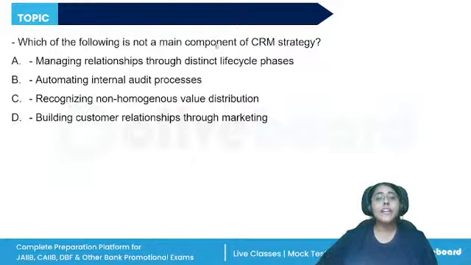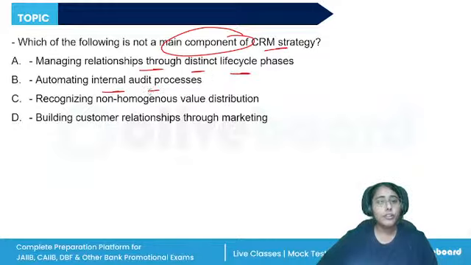Which of the following is not a main component? Managing relationship through distinct lifecycle phases, automating the internal audit process, recognizes the non-homogeneous value distribution, building the customer relation.